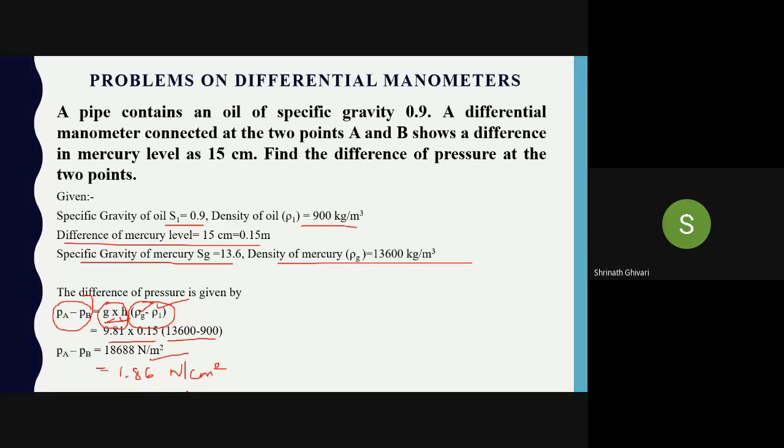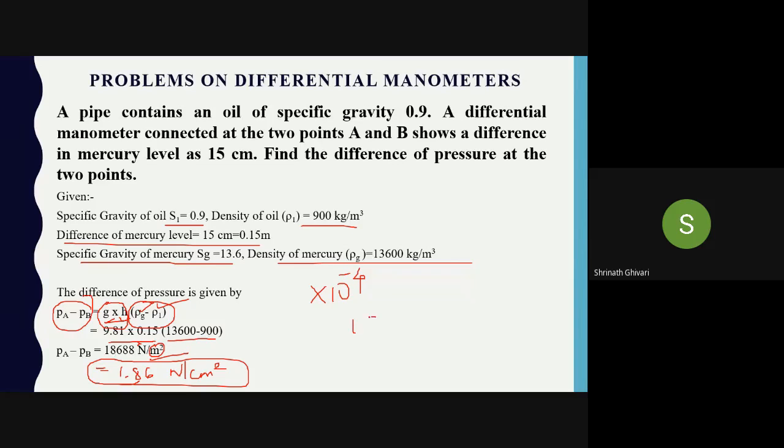So what you have to do? Multiply it with 10 raised to minus 4. Then you'll get 1.86 Newton per centimeter square. Because 1 meter equals 100 centimeter. So what will be the square of 100? 10 raised to 4. So if you take 10 raised to 4 in the denominator, it will be 10 raised to minus 4.